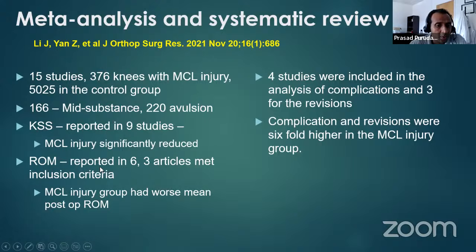Range of motion was reported in 6 studies. 3 of those articles met the inclusion criteria, and MCL injury group patients had worse mean postoperative range of motion as compared to the control group. 4 studies were included in the analysis for complications, and 3 were included for analysis of revisions. Both the complications and revisions were 6-fold higher in the MCL injury group as compared to the control group.